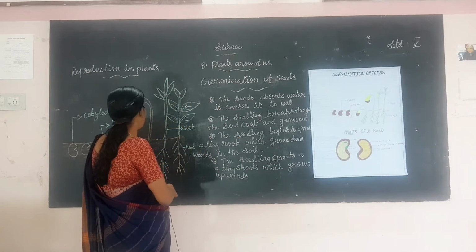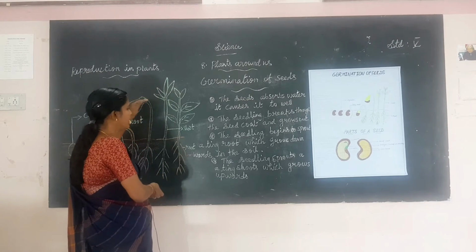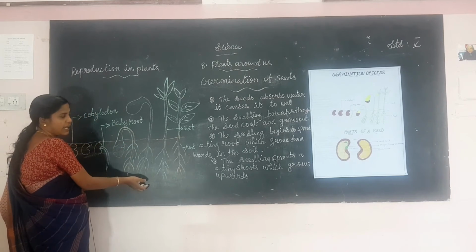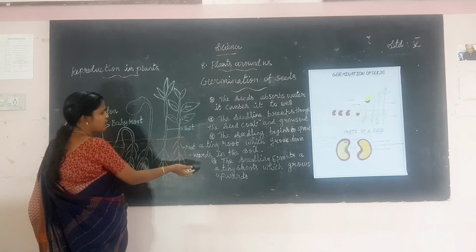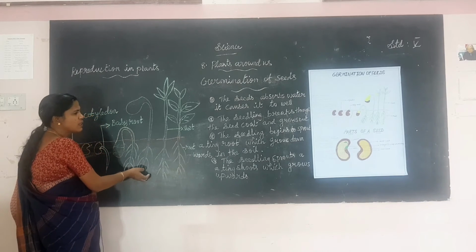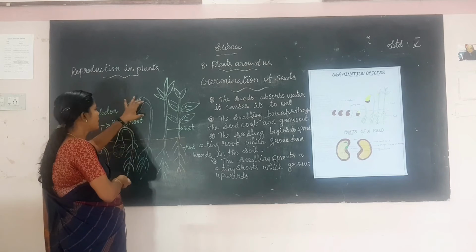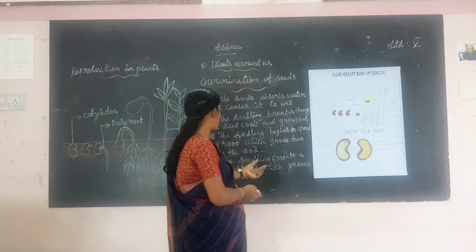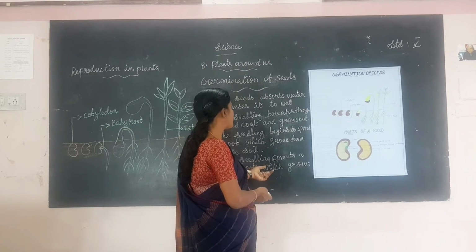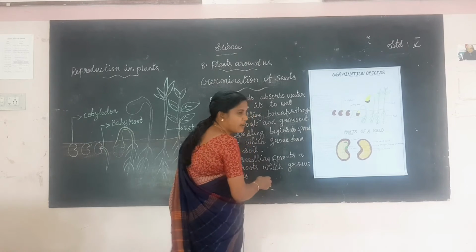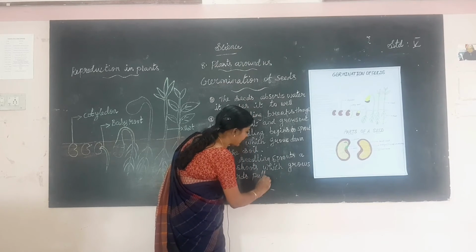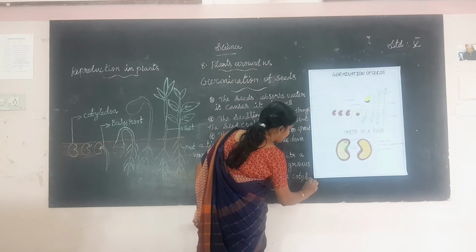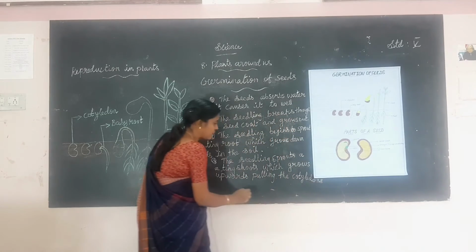The tiny root grows downward into the soil and the shoot grows upwards above the soil. Okay, children. Next, the seedling sprouts a tiny shoot which grows upwards, pulling the cotyledons along with it.